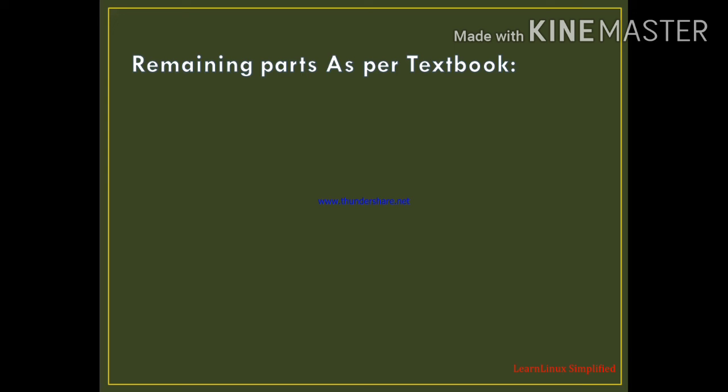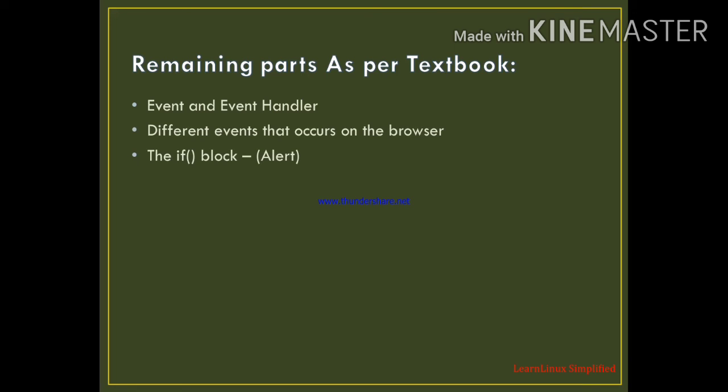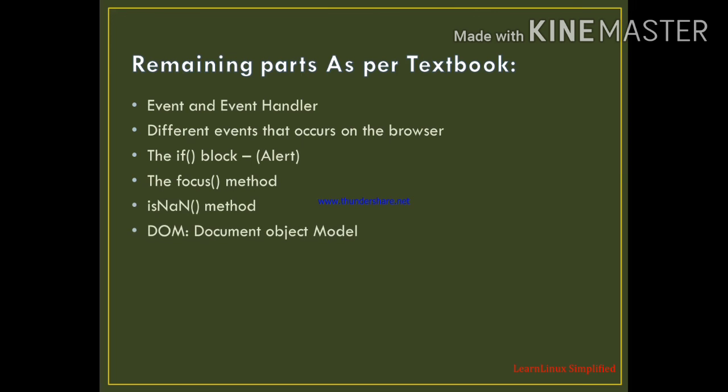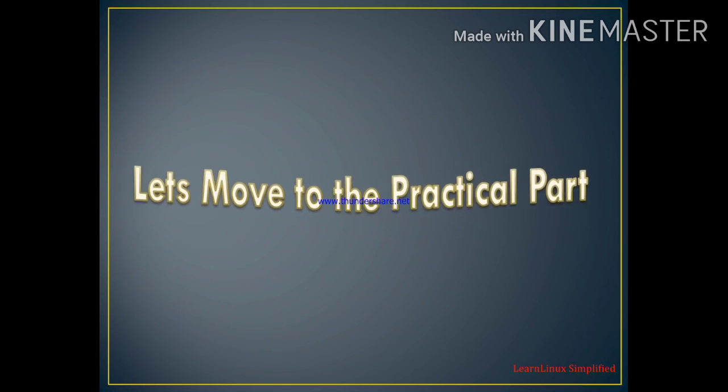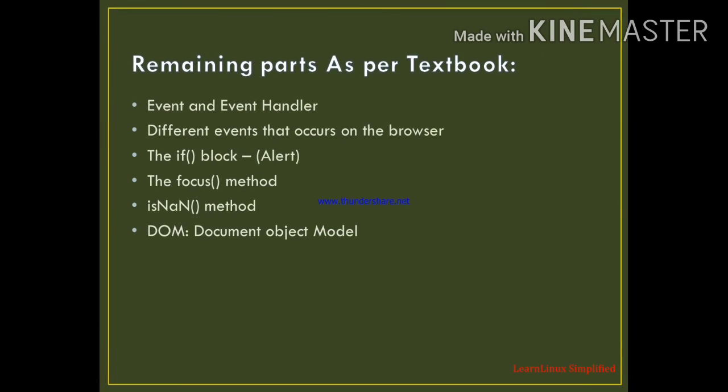First is event and event handler, the different events that occur on the browser, the if block, alert, the focus method, the isNaN method, and DOM, that is the document object model. These are the points which we will cover in the next presentation.